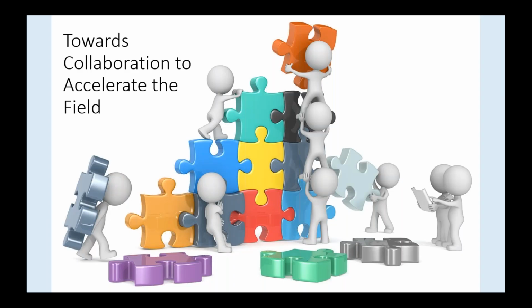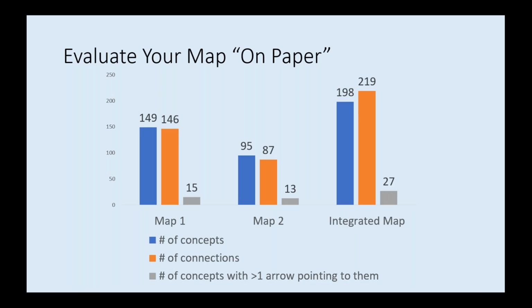Okay, yeah, so you can analyze the structure of your map by just looking at the number of circles and arrows. That is a way of evaluating the logic structure dimension of your knowledge. Two key measures to look at there are the number of concepts, and that's the blue line. Here we can see the integrated map has more concepts than the other two maps.